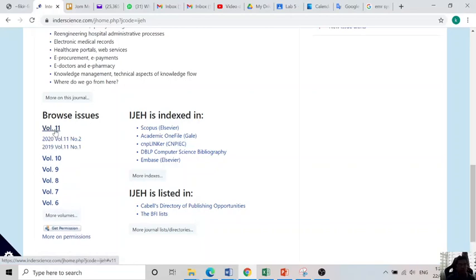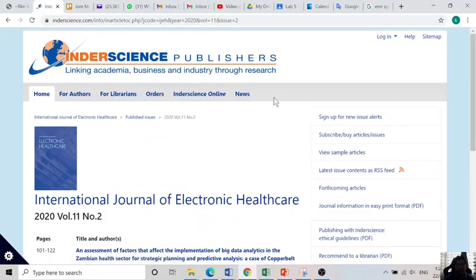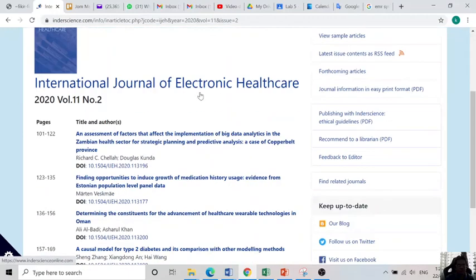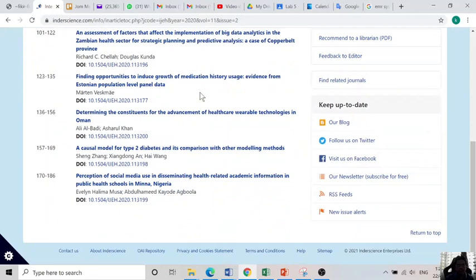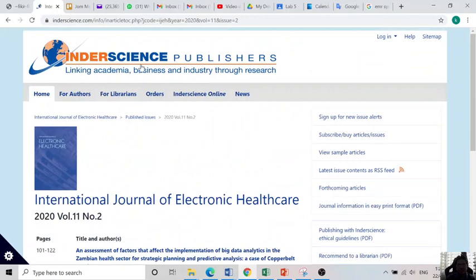Let's say you go to volume 11, the latest volume, and then you start to search. Oh, they don't allow it. Okay, this journal is paid; some journals are paid. You need to register with the journal, then you can search and download.